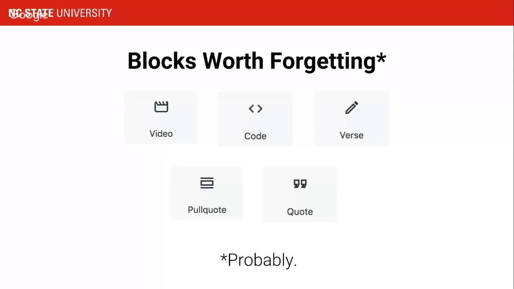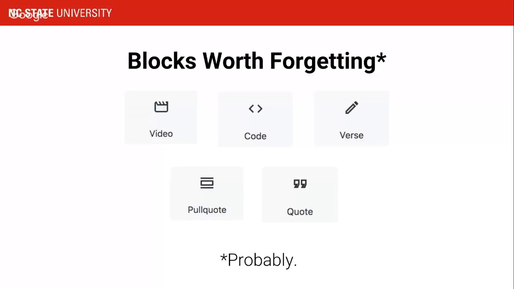But it's not got a lot of use beyond that. Similarly, the verse block. So WordPress started its life as a blogging platform, and I guess there are a lot of poetry bloggers, a lot of people who will write poetry and post it to their website, which is really cool.